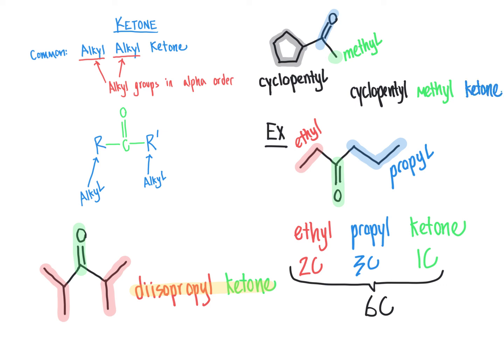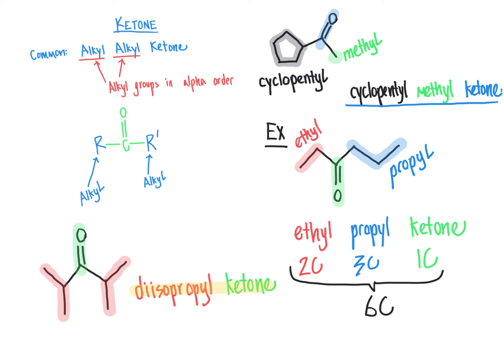So this would give us our complete common name for this molecule, where again, just like the other examples, we follow the template of naming each of the 2 alkyl groups, list those at the beginning of the name in alphabetical order with a space in between, and then tag the term ketone on the back end of the name to indicate that there is a ketone carbonyl group separating the 2 alkyl groups.